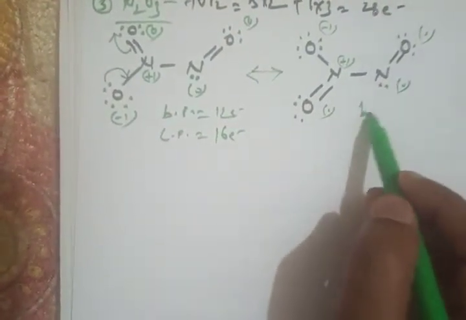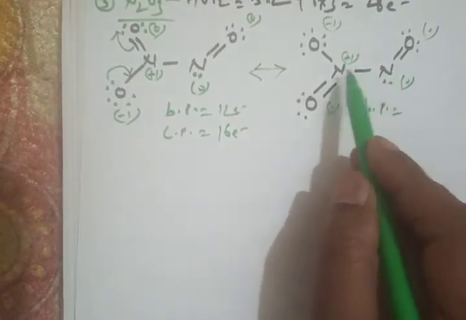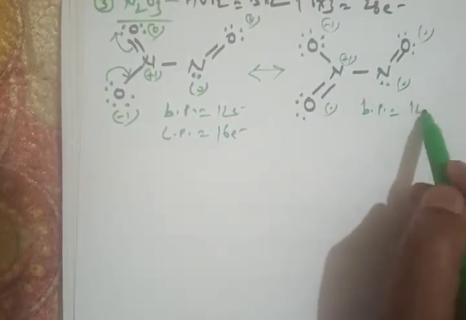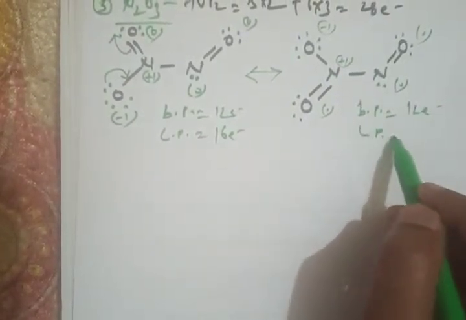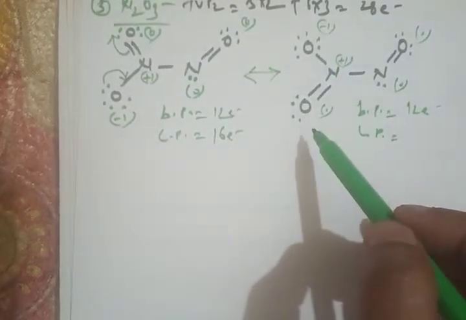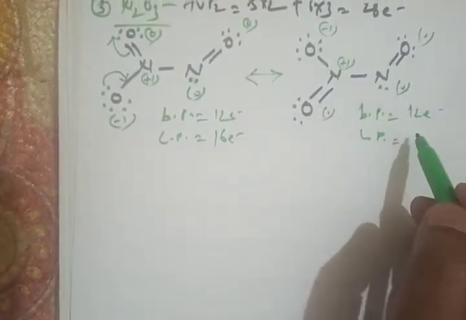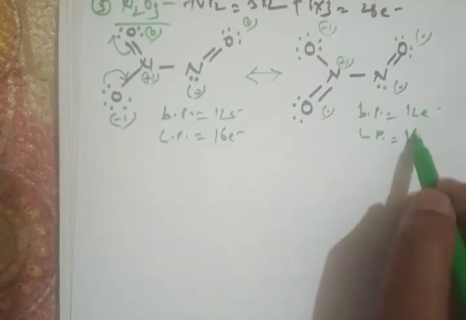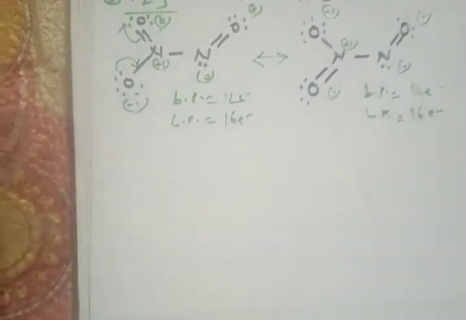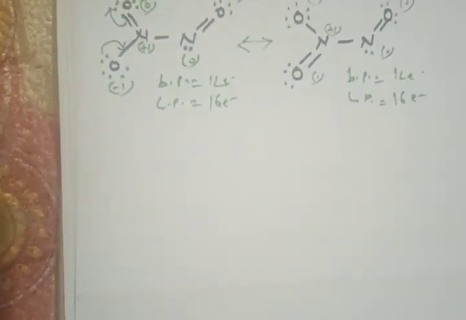Similarly, in this case, bond pair is 1 2 3 4 5 6, 12, and lone pair is 6, 4, 10, and 16. So as you can see, the bond pair and lone pair counting is equal in both cases.